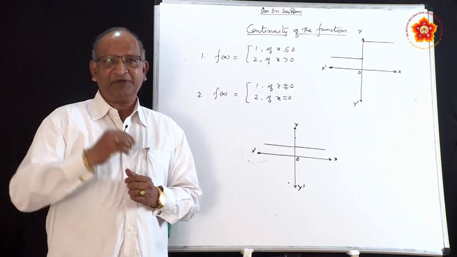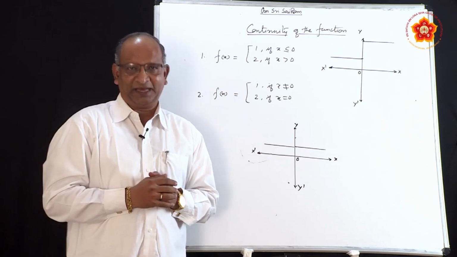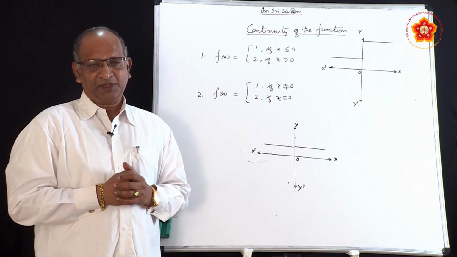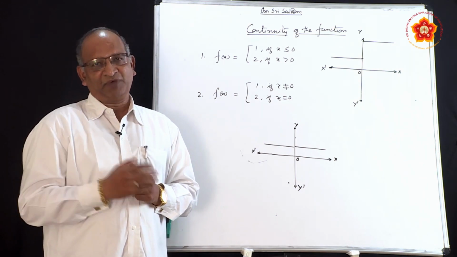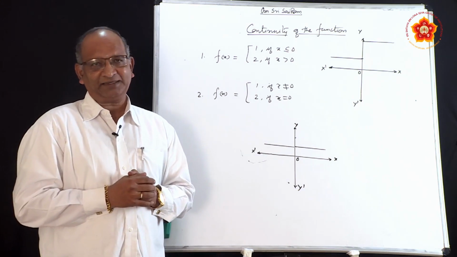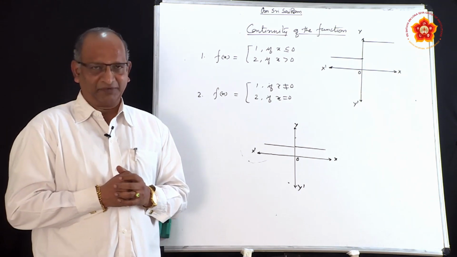Whereas, if you have to lift the pencil in between and then draw the remaining part of the curve, we say it is discontinuous. Small examples are given in the textbook. We will discuss those two examples. We have drawn the graphs of that and then we go to the actual definition of continuity.